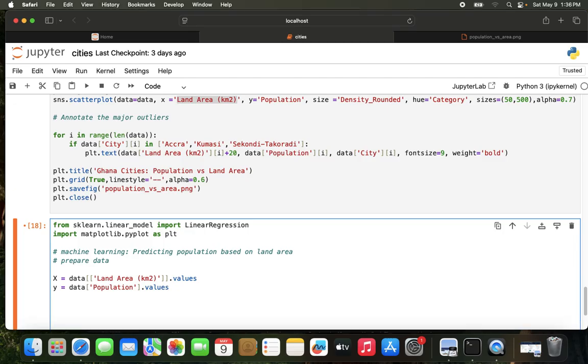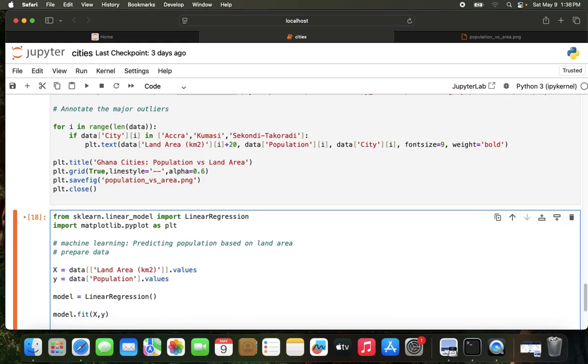Okay, now we can call our LinearRegression constructor, like so. That should be model equals LinearRegression, and then we can fit our model, model.fit, and then we pass x and y like so.